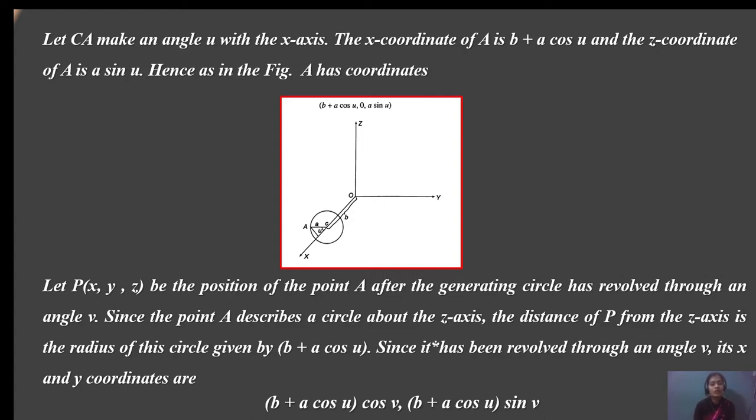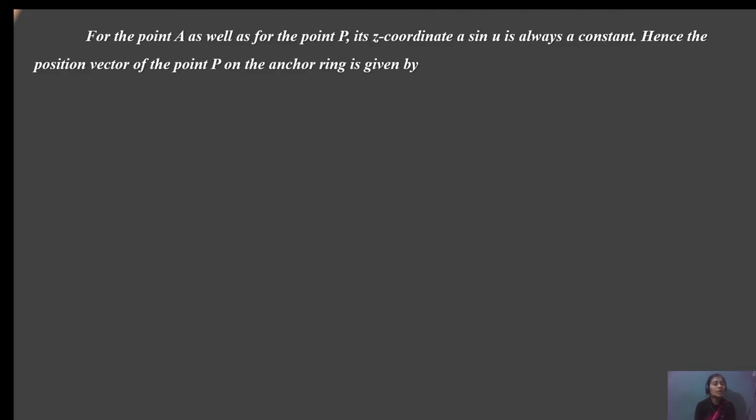Since it has been revolved through the angle v, its xy coordinates are b plus a cos u cos v and b plus a cos u sin v. For the points A and P, the coordinate a sin u is always constant, so the position vector of P on the anchor ring is (b plus a cos u cos v, b plus a cos u sin v, a sin u).